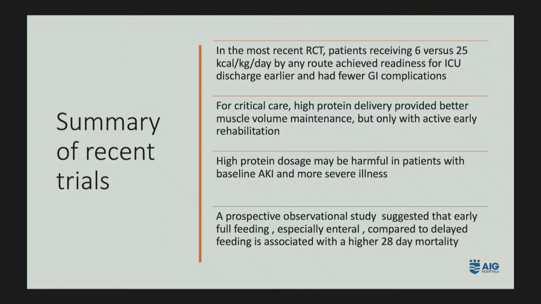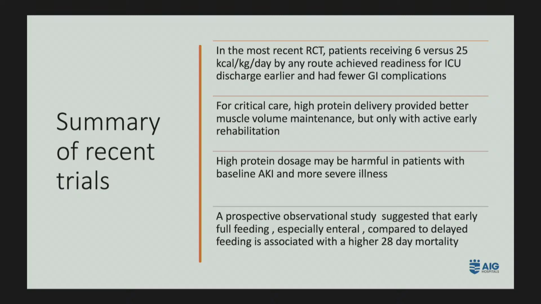In critical care patients, high protein delivery provides better muscle volume maintenance, but only when patients are undergoing active early rehabilitation. But in patients who are bedbound for whatever reason, whether hemodynamic instability or surgical reasons, and who have a baseline AKI, acute kidney injury, and more severe illness, high protein dosage is proven to be harmful.